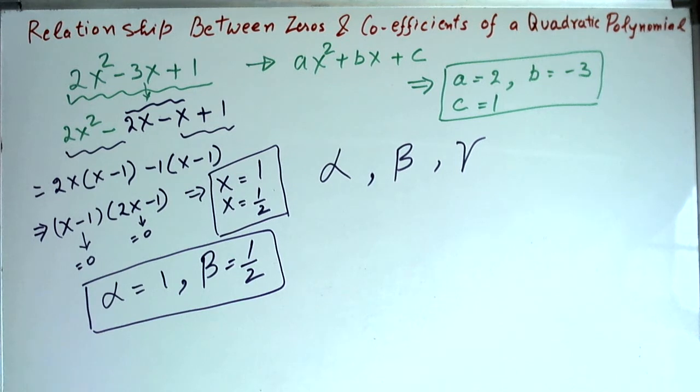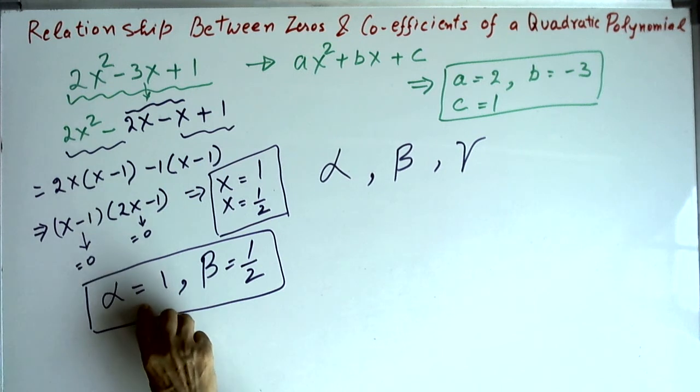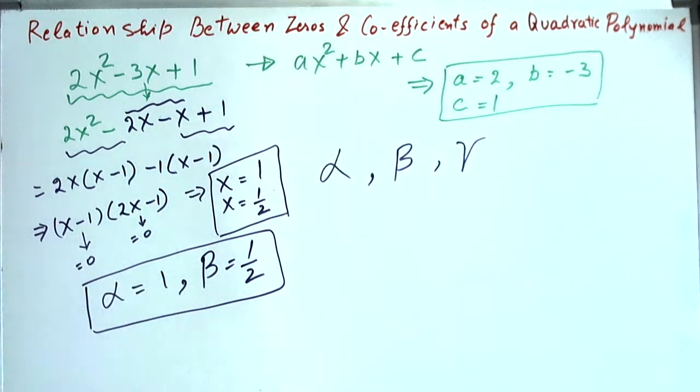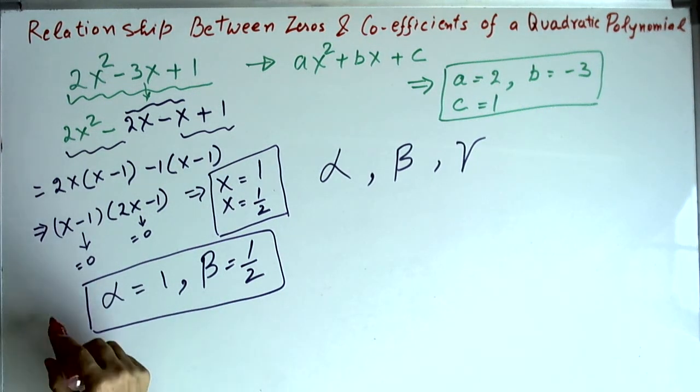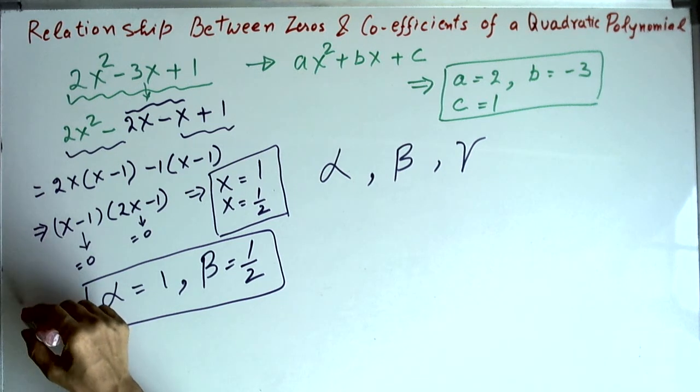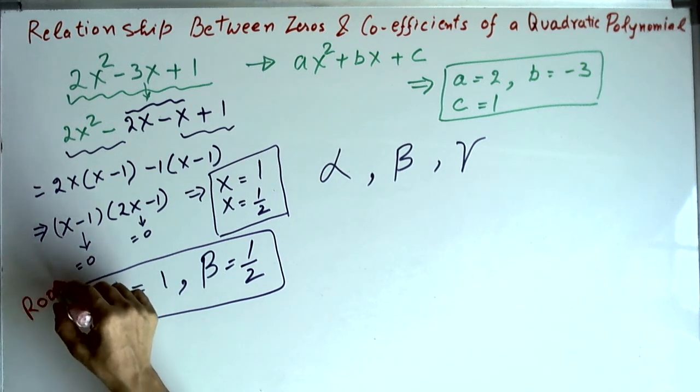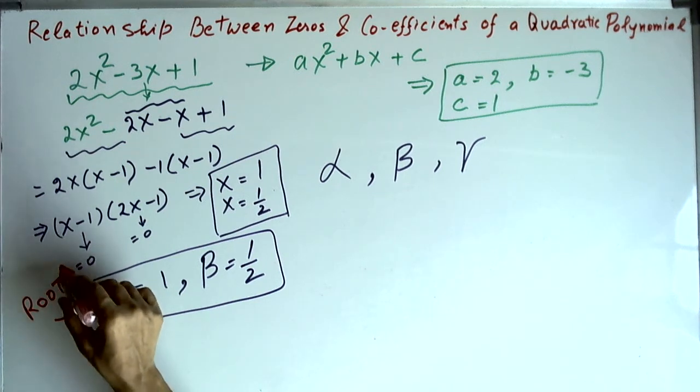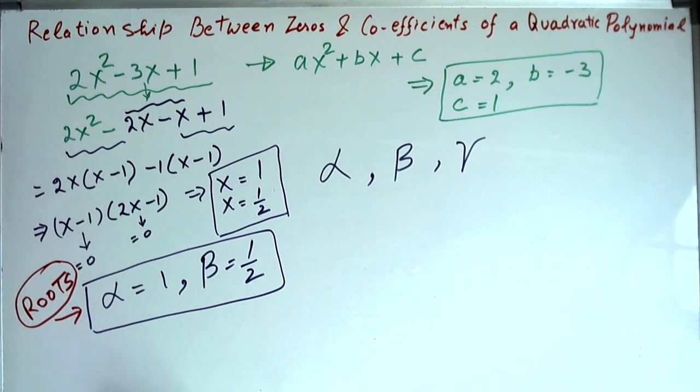So now we need to learn the relationship. There is a relationship between the zeros, which are also called roots of the polynomial, and the coefficients of the polynomial.